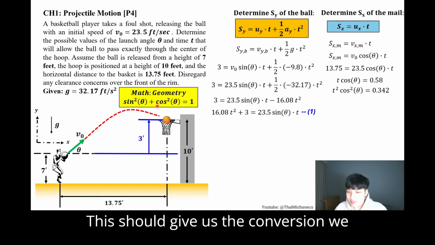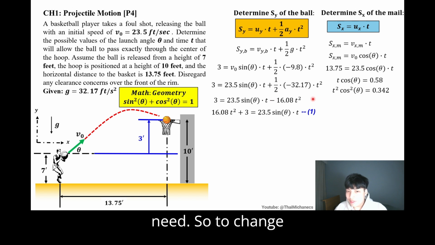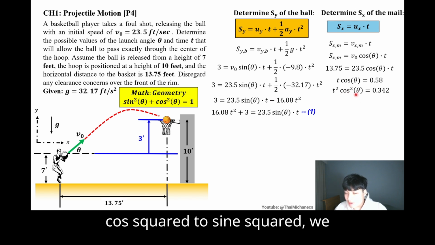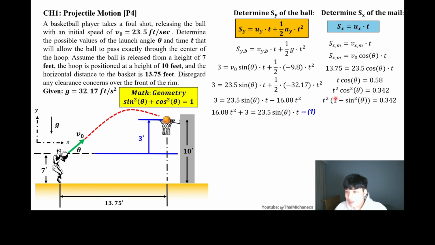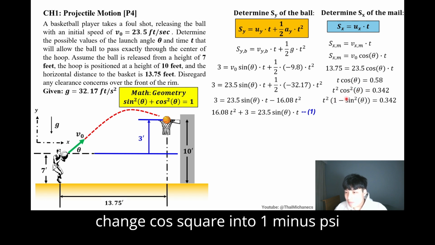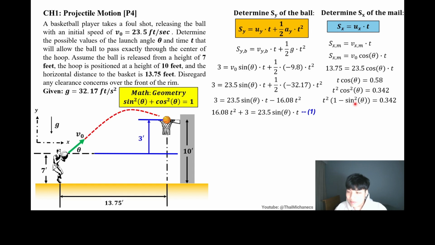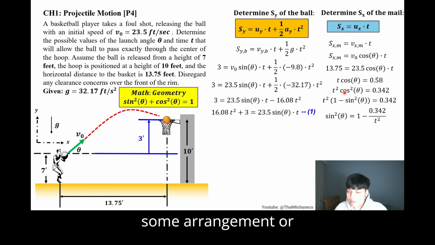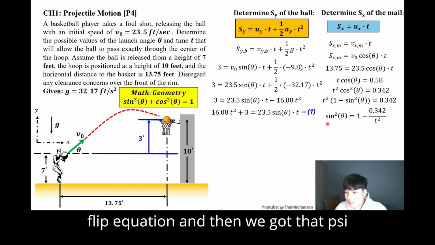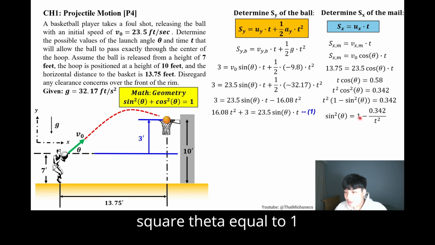This should give us the conversion we need. To change cos squared to sine squared, we change cos squared into 1 minus sine squared. Now we have converted cos theta to sine theta completely. Then we rearrange, and we get sine squared theta equals 1 minus 0.34 divided by t squared.